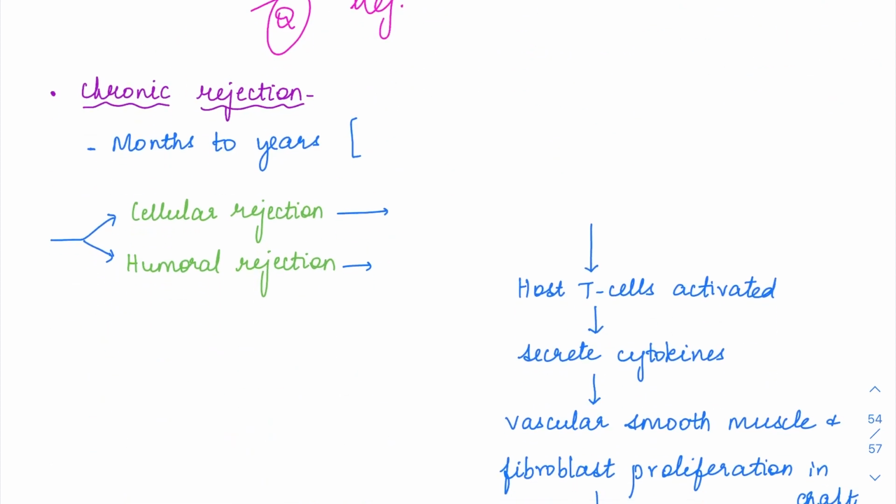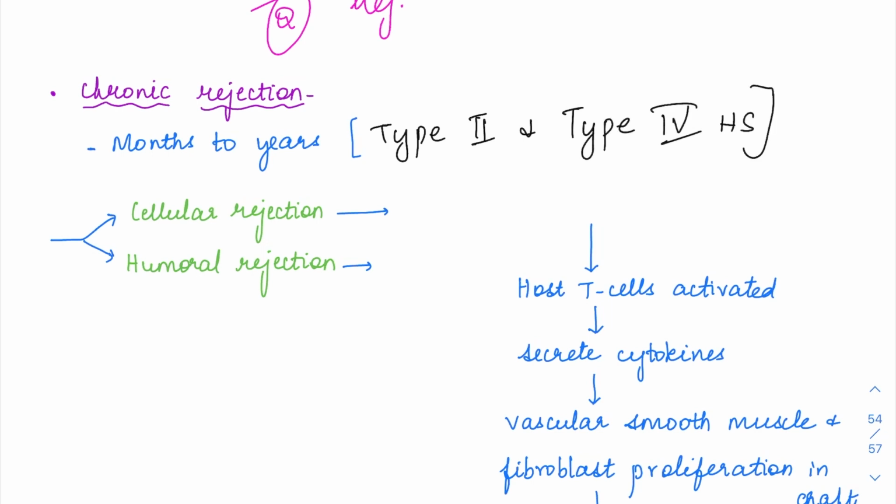Then chronic rejection. In chronic rejection, it is going to take months to years. So it is going to take a lot of time. And here it is again because of type 2 and type 4 hypersensitivity. This again is classified into cellular rejection and humoral rejection. Humoral rejection is part of the type 2 hypersensitivity.